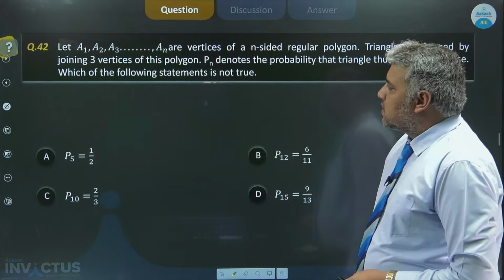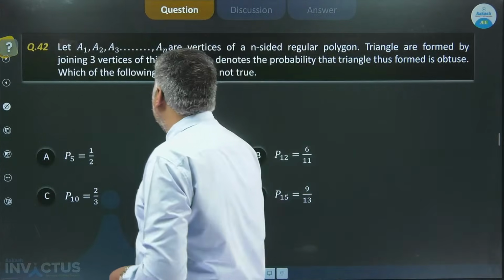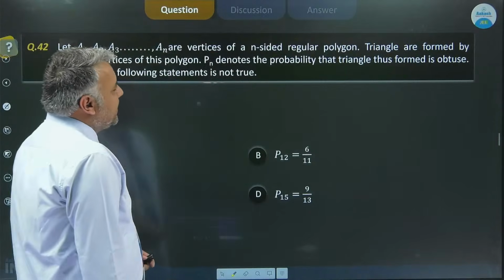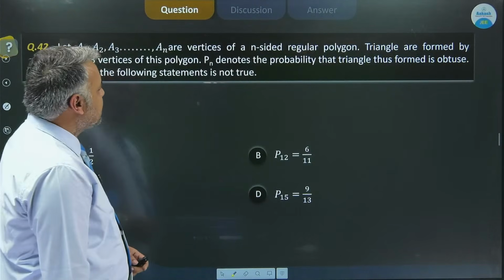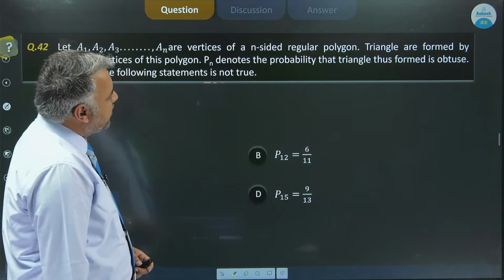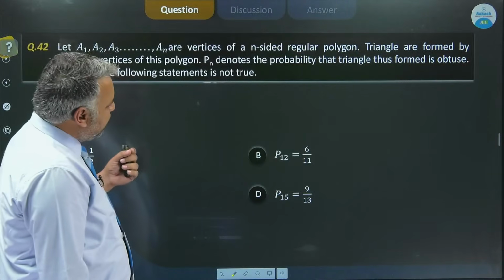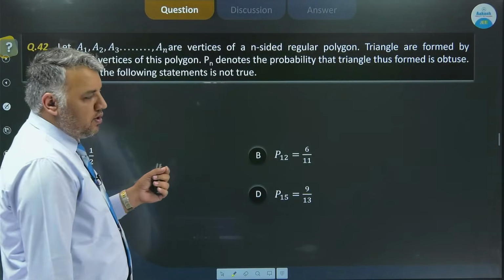So let's move to the next question, question number 42. Okay, A1, A2, A3 up to AN are the vertices of an n-sided regular polygon. Triangles are formed by joining three vertices of this polygon. If Pn denotes the probability that the triangle thus formed is obtuse, then which of the following statements is not true?